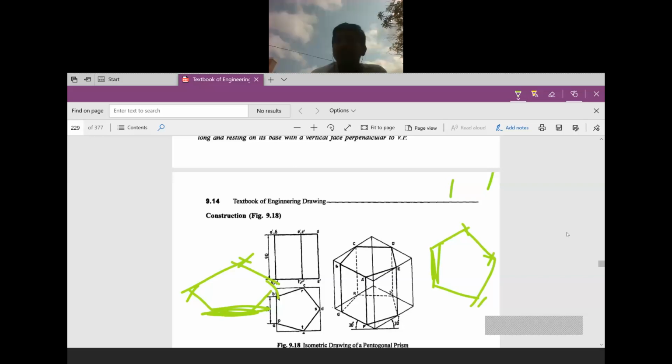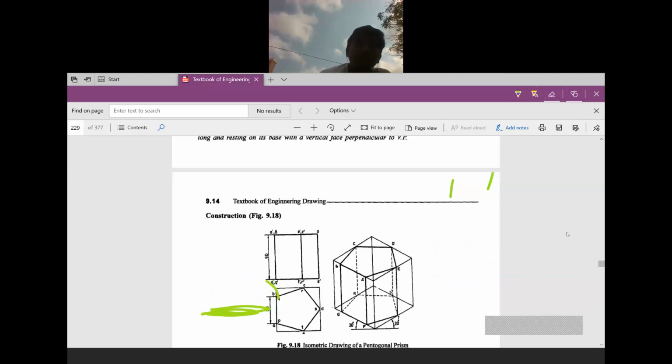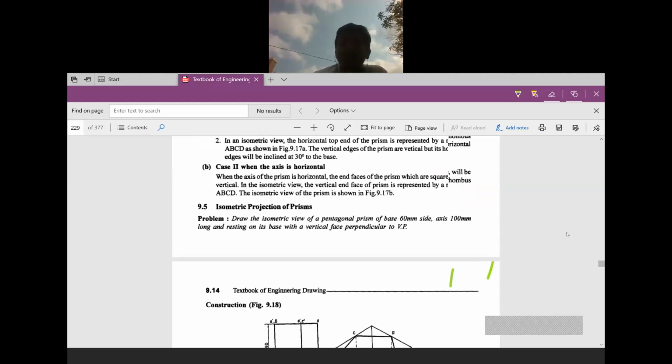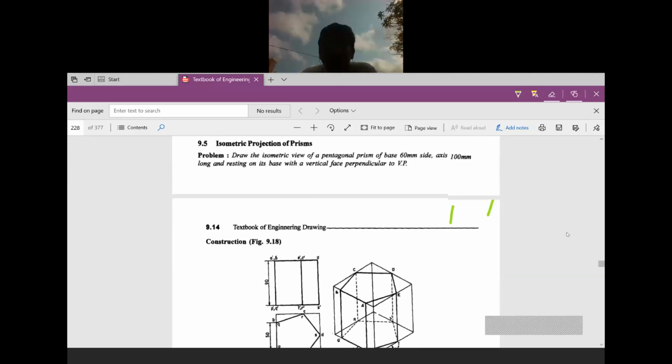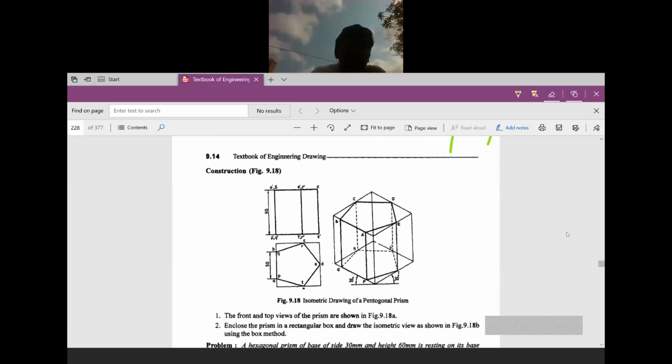In the given problem, he has explained to draw the isometric view of a pentagonal prism of base 60 mm side, axis 100 mm long, resting on its base with a vertical face perpendicular to VP. Vertical face means this one. This vertical face should be perpendicular to the VP.